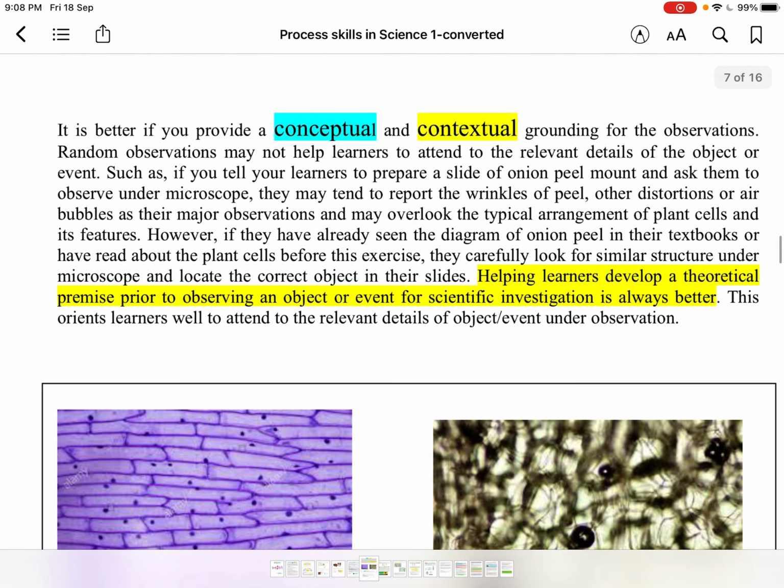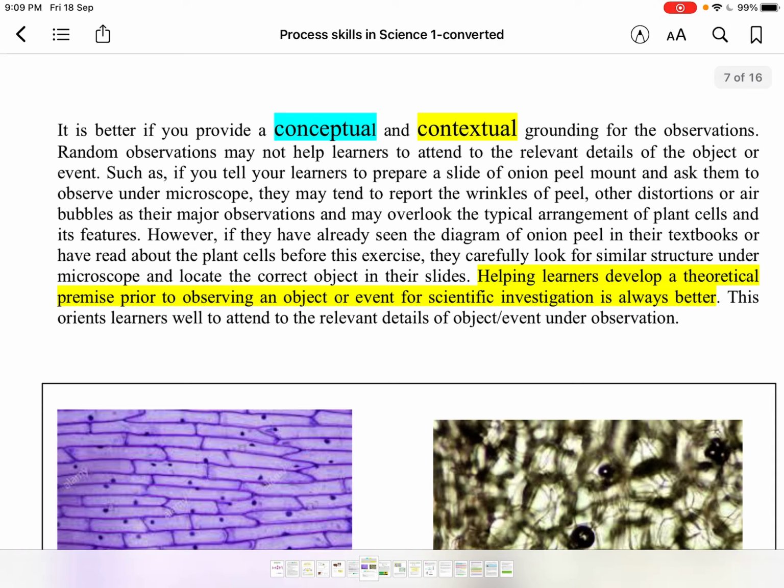For example, if you ask your students to prepare a slide of the onion peel and observe it under the microscope, and you have already taught that particular chapter, the description of the cell and how it looks under the microscope, then the ground is already prepared.